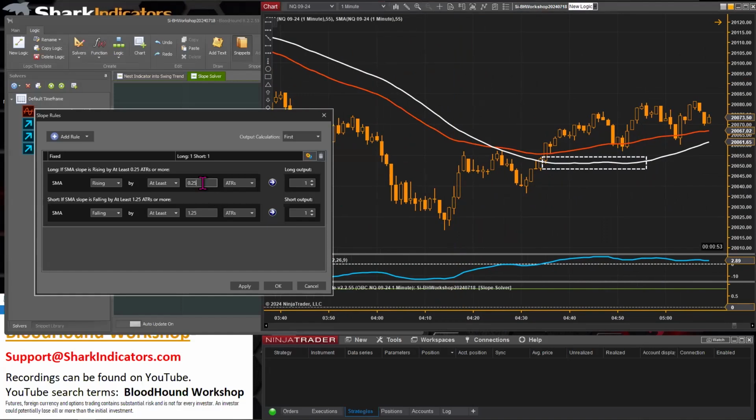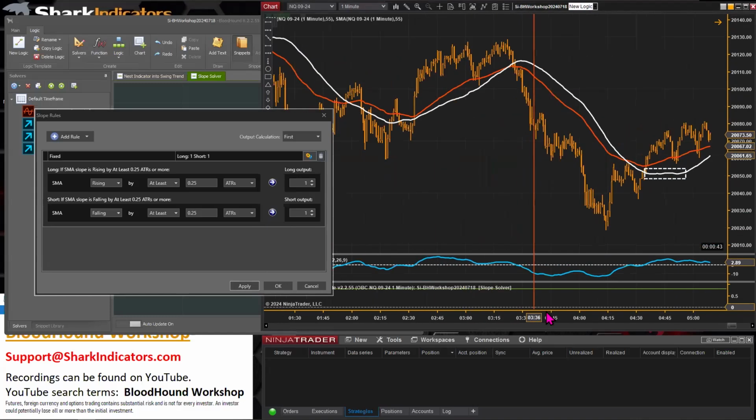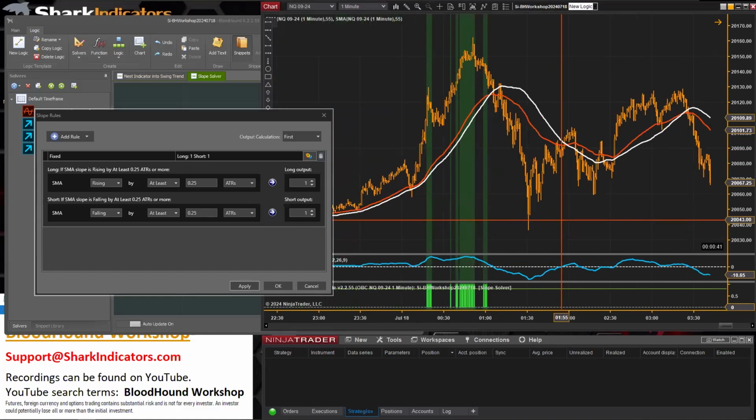Probably a quarter, maybe a quarter of an ATR might work. Oh, there we go. Okay, yeah. So when it gets really steep there, yeah, we are seeing at least a quarter of an ATR, right?